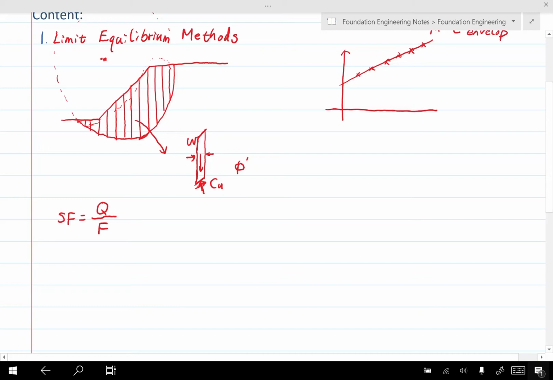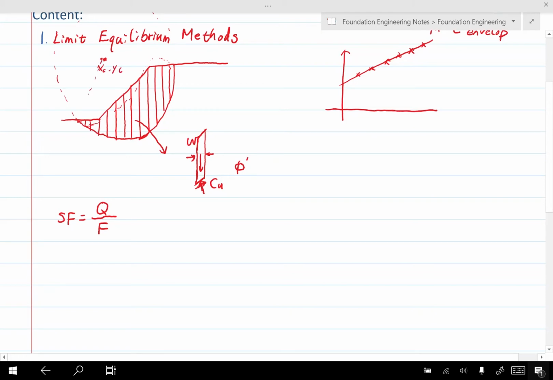But the problem is that we don't know the exact location of the slip surface. We don't know the shape of it. To do that, we need to try different possibilities. For example, if it's a circle, we need to assume the center of it, so we need to assume XC and YC.